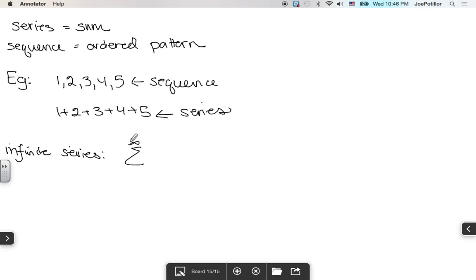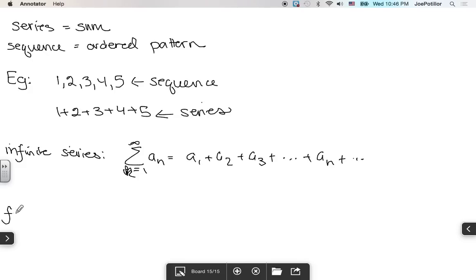The sum to infinity of k equals 1 of a sub n is equal to a sub 1 plus a sub 2 plus a sub 3 plus dot dot dot plus a sub n plus dot dot dot. You usually start at 1. So that's an infinite series, meaning it goes on forever and doesn't stop.